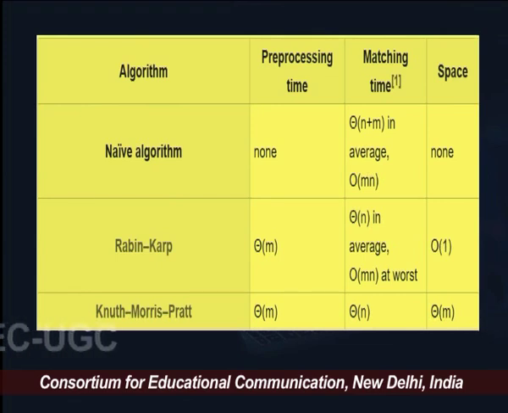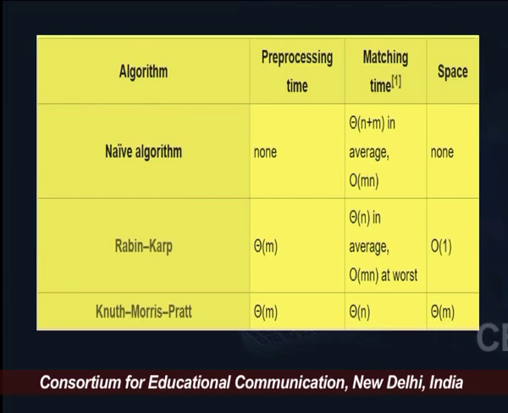For the naive string matching algorithm, there is no pre-processing time, and the matching time, or simply the time complexity, is theta of n plus m on average, otherwise it is order m times n, where m and n are the string lengths of your pattern and text.